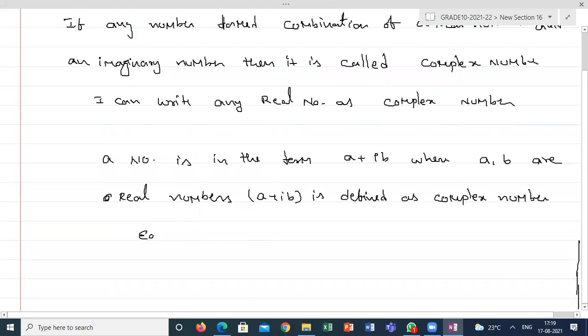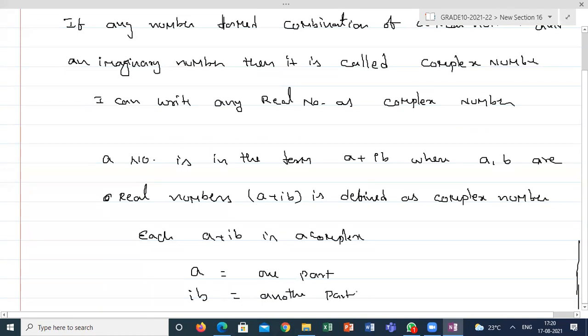So each complex number, if I observe a little more closely, suppose a plus ib is a complex number, it has two parts. a is one part, ib is another part. That is, a is called the real part of the complex number, and b is called the imaginary part.